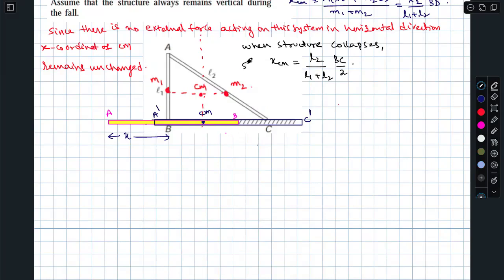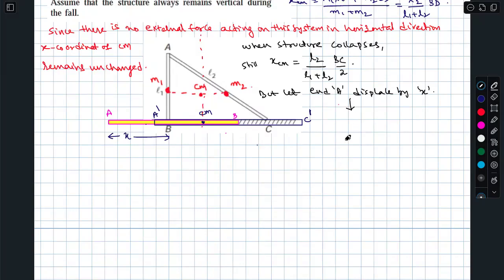Still, okay, but let end A displace by some x. Agreed? Now what happens? Because of this, end A displaces by x.